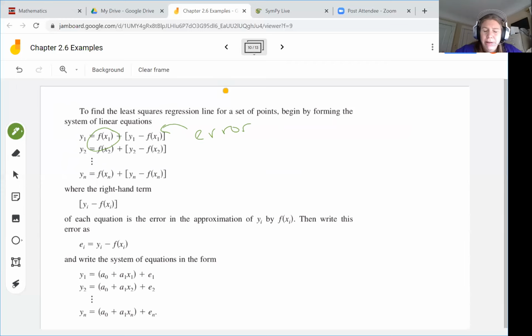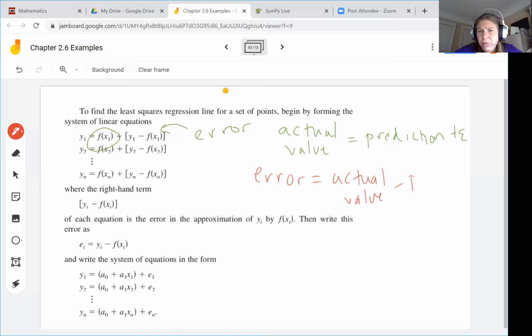So let's write that out a little bit. It's actual value equals prediction plus error. We call our error epsilon usually, or an e. And that makes sense because we know the error is actual value minus prediction, or observed minus prediction, as we sometimes say in statistics.